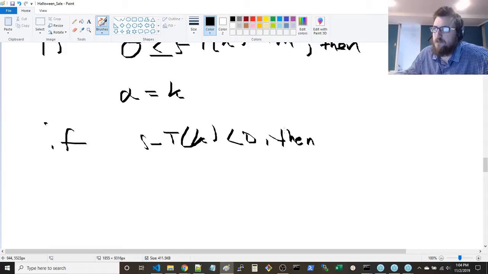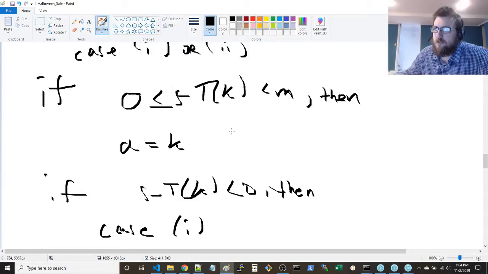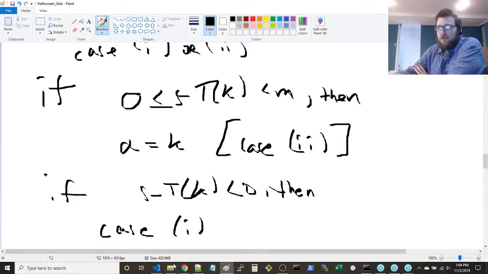Then this has got to be case 1. I realize this is kind of long-winded, but I think it works like this.